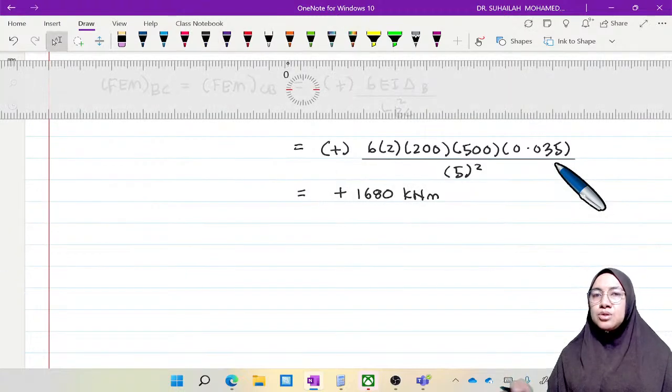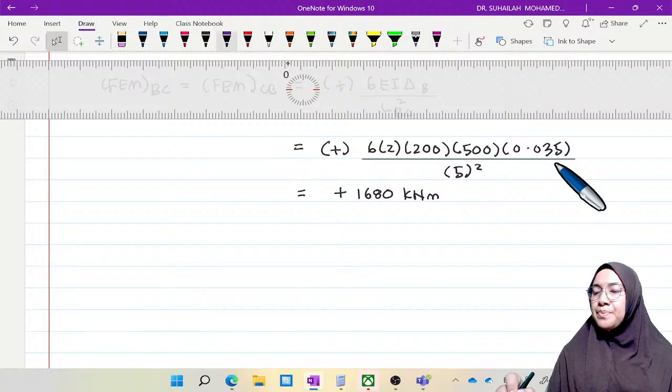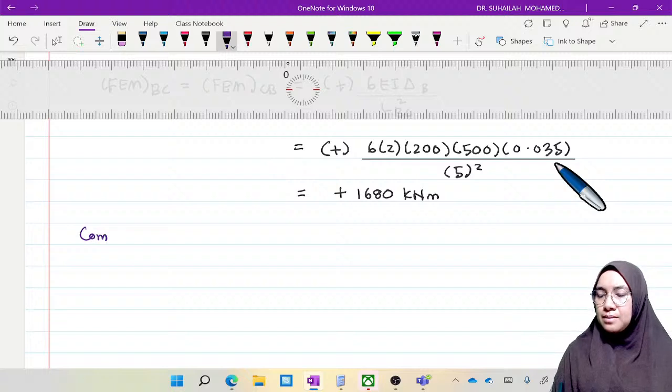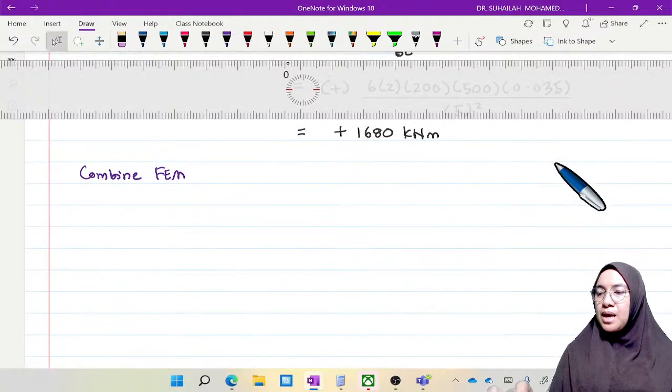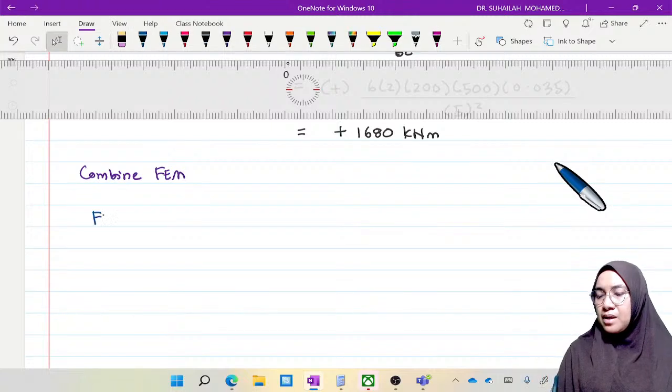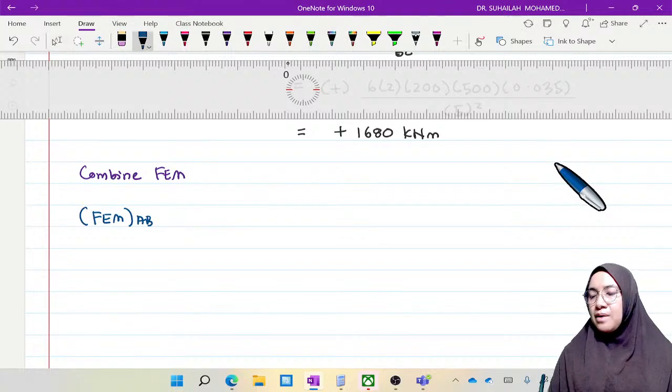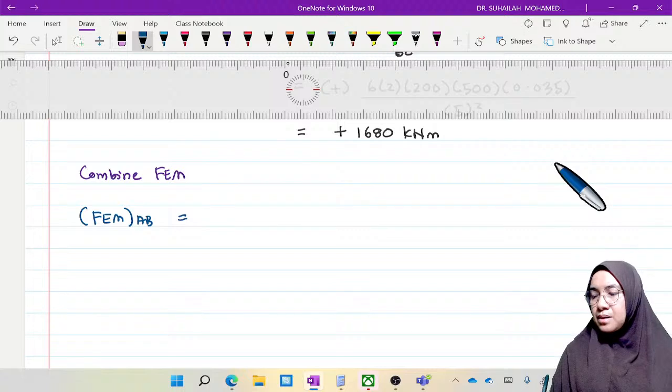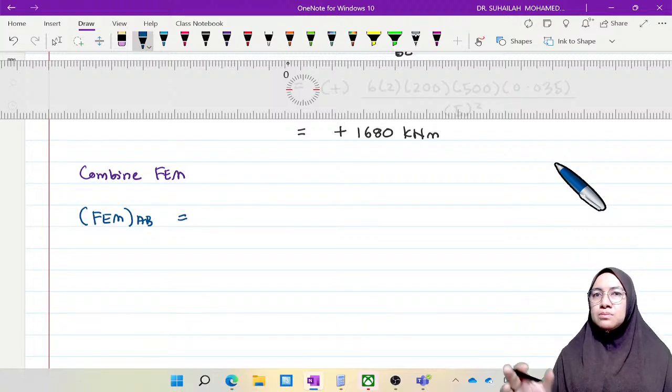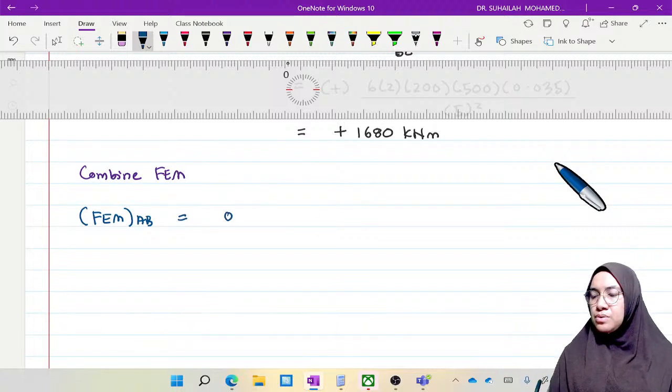Okay, so now we want to combine FEM. FEM for AB from external loading is 0.